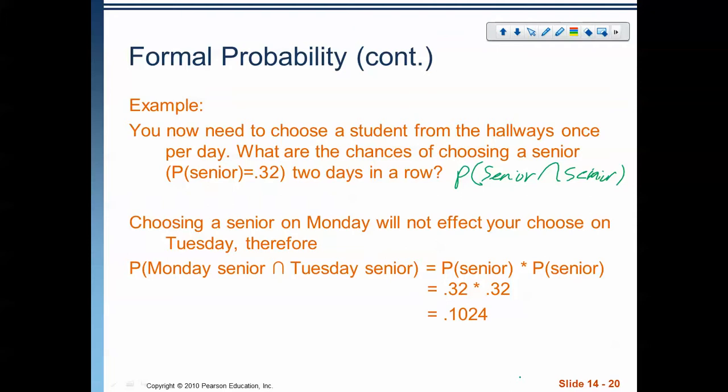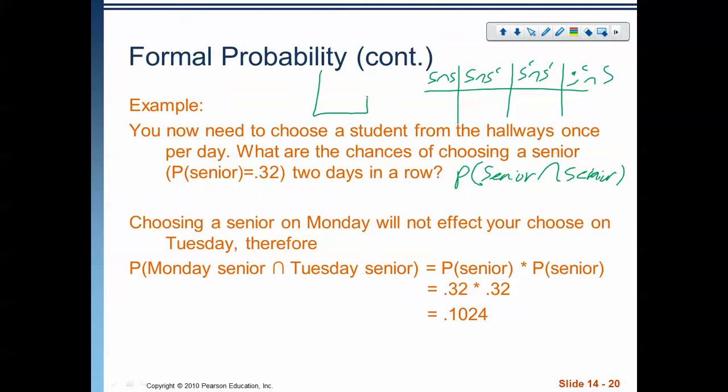We could draw a picture of this. We'd have to figure out all of our outcomes. In this case, our outcomes are senior and senior, senior and not senior, not senior and senior, and not senior and not senior.